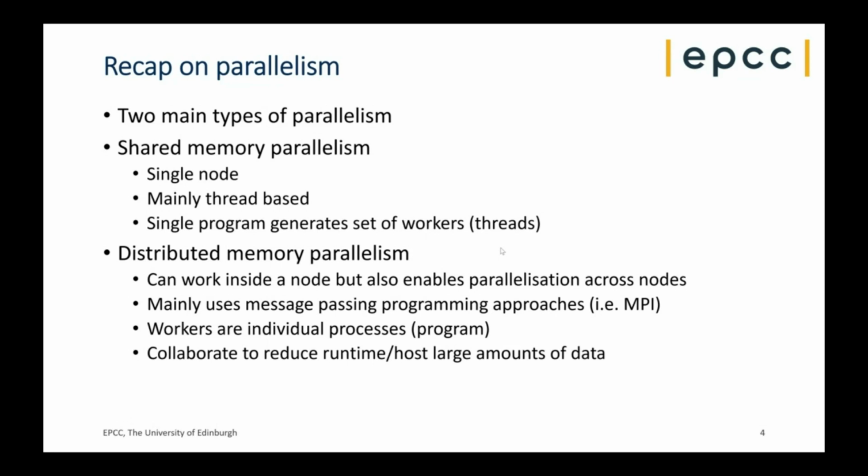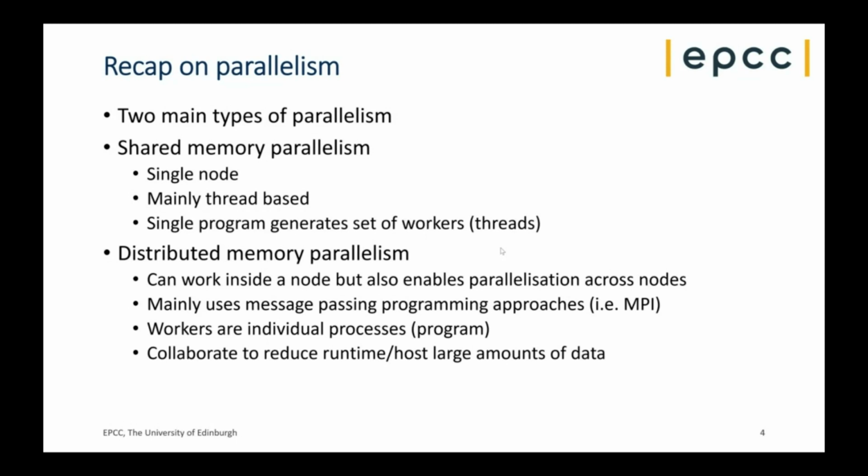And because they're sending messages to communicate, you can actually run all the workers on different compute nodes and use the network to communicate data between them. So that means you can parallelize not just inside a single node, but up to all 5,860 nodes on ARCHER2 and all 750,000 cores with the same programming approach.